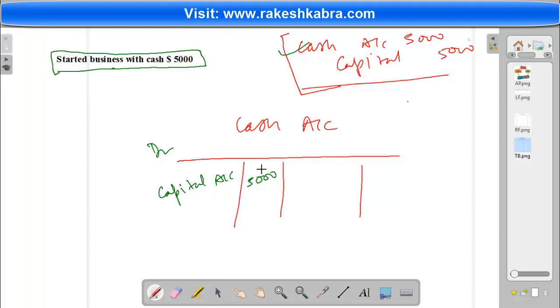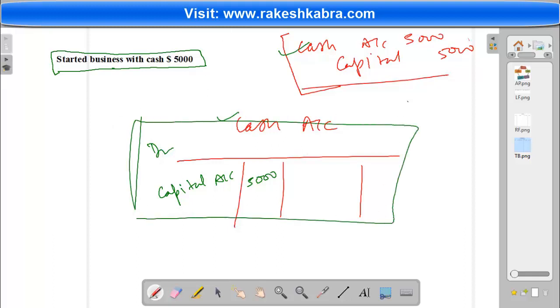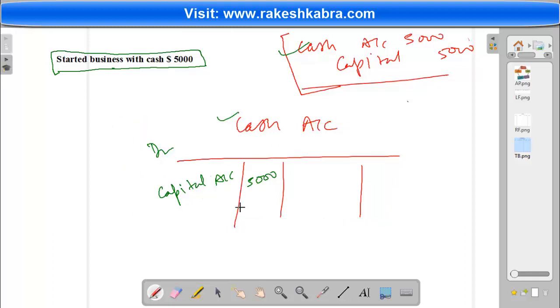Now tell me, cash account is showing which balance? Debit or credit? It is showing debit balance, because total of debit is 5,000 and total of credit is 0. How much? 5,000.